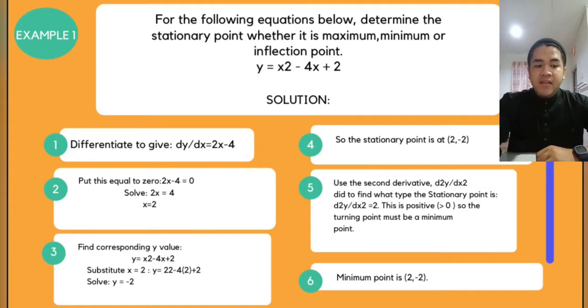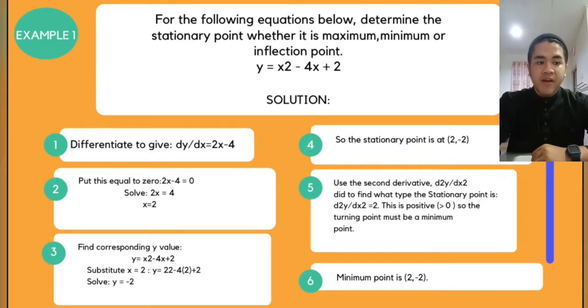Substitute x equal to 2, y equals 2 squared minus 4 times 2 plus 2. Solve, y is equal to negative 2. Step 4: so the stationary point is (2, negative 2).